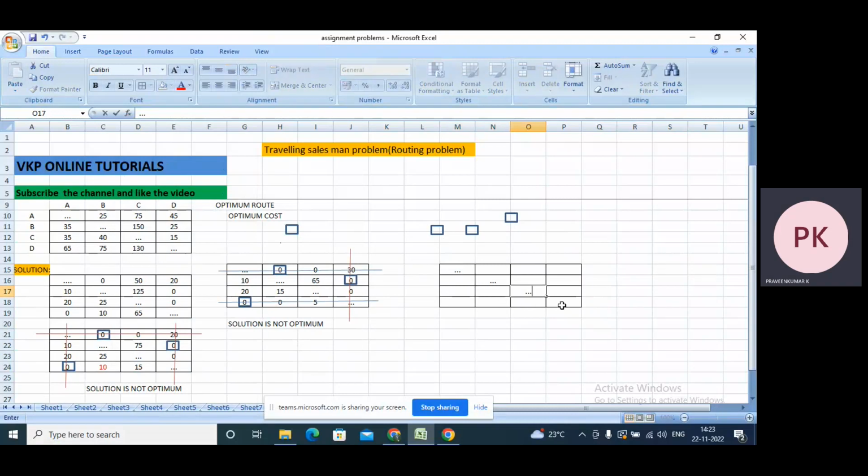I will not give preference to the diagonal elements. This is the diagonal elements. Now in uncancelled cells, say you have 10, 20, 15 and 65 as the uncancelled elements.